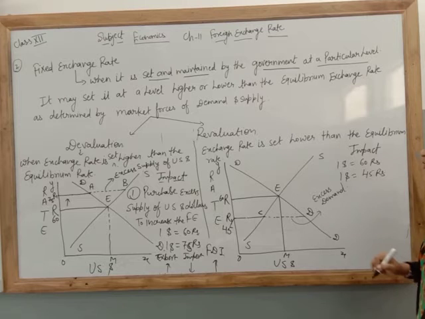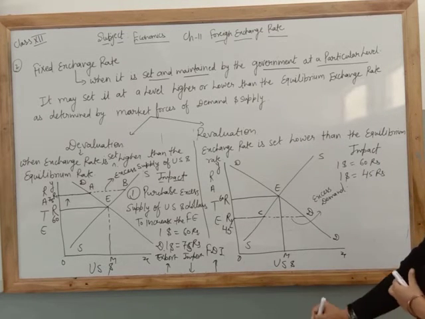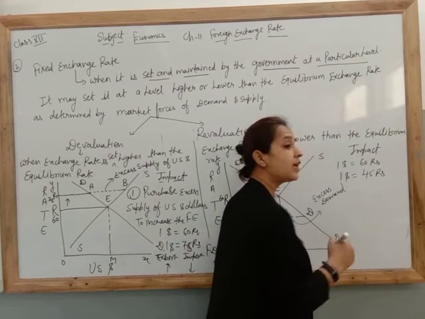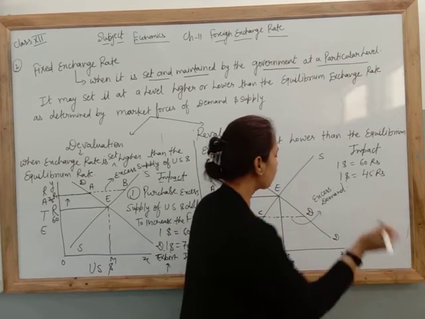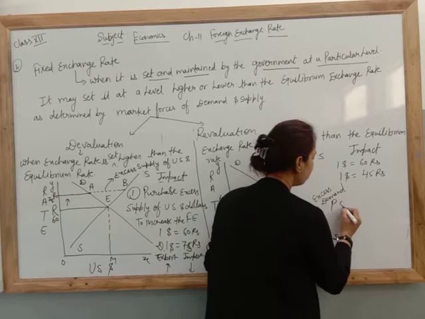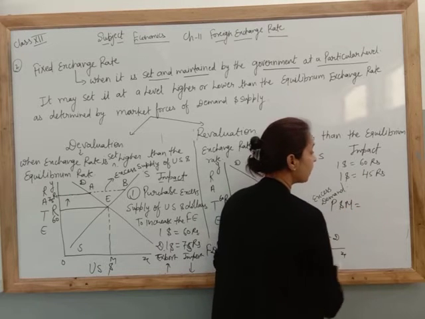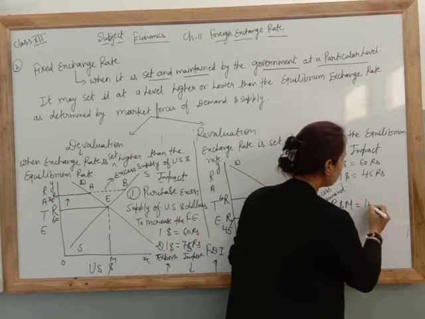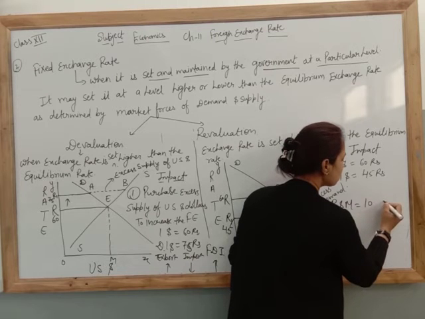So definitely you can see the purchasing power of the rupee will be higher. In that condition, suppose the government wants to purchase any plant, machinery or technology, and the amount is 10 crore US dollars.